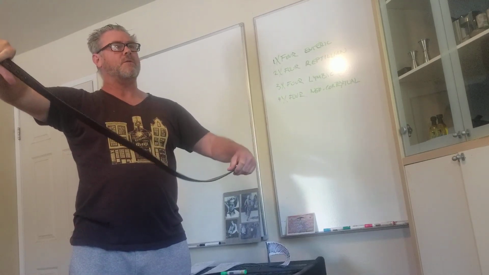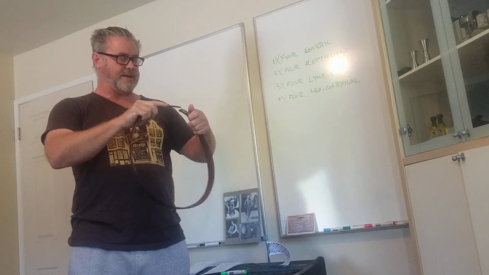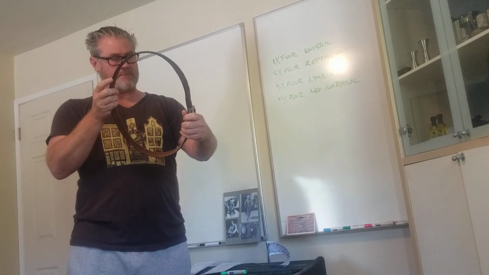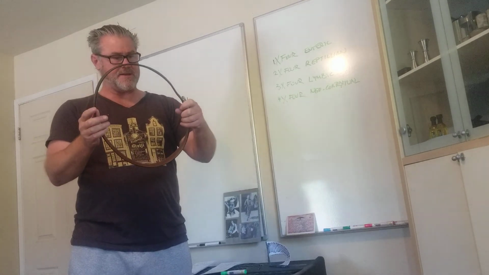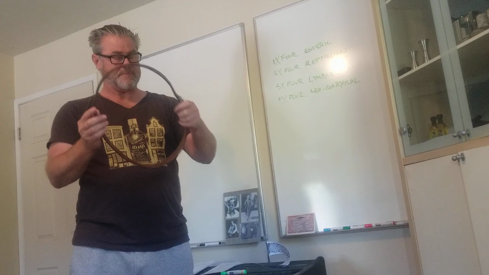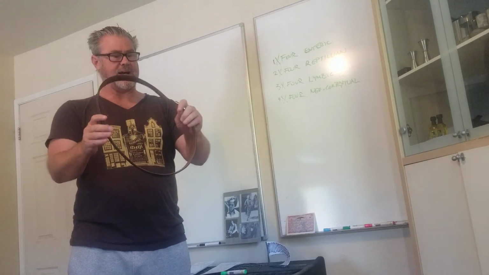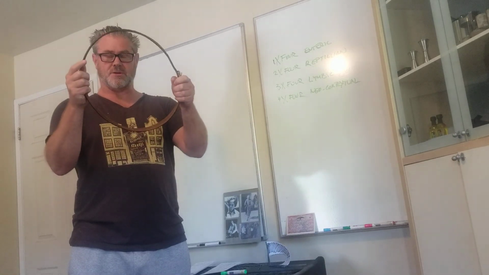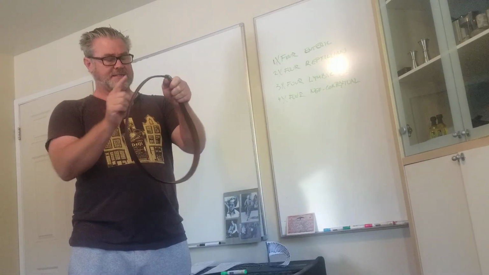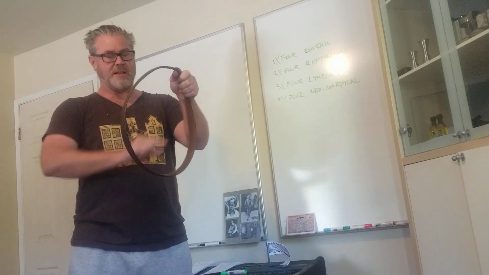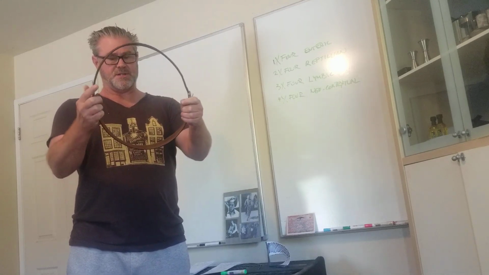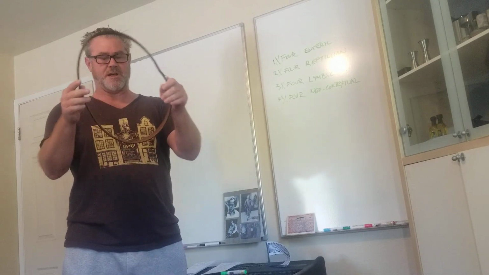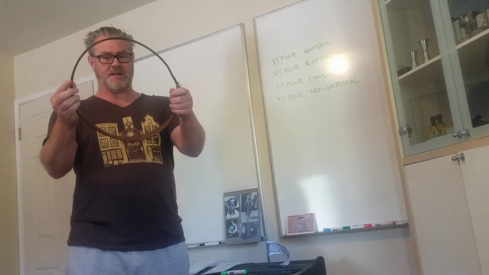We can create a circle, and that's nice. This would be a Euclidean circle, because the inside and the outside are parallel lines that never meet. It's beautiful, but it's not going to get us anywhere.